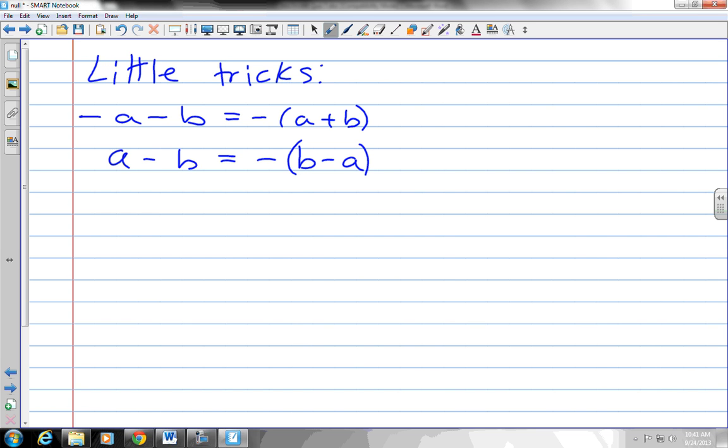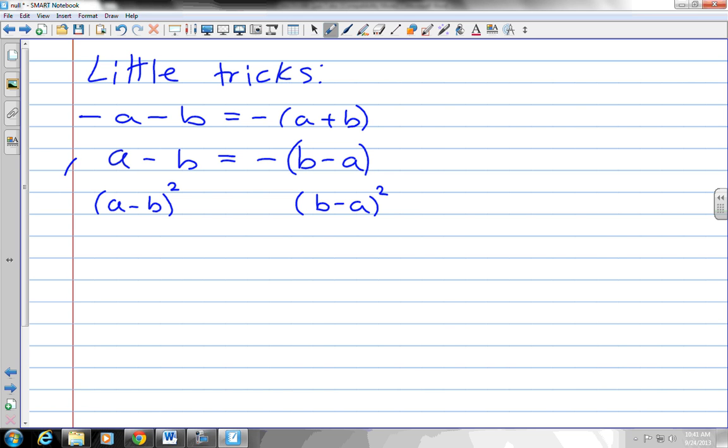We've used these two before. But there is another one, because sometimes you have a minus b squared, but you want to make it b minus a squared. So you want to flip inside the square. We'll see this in the next example.